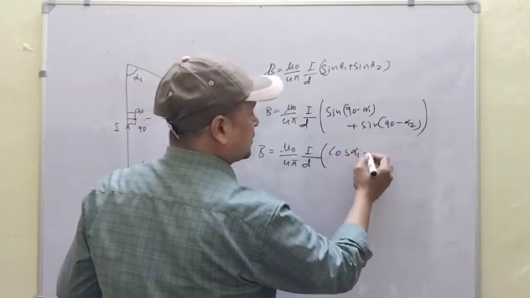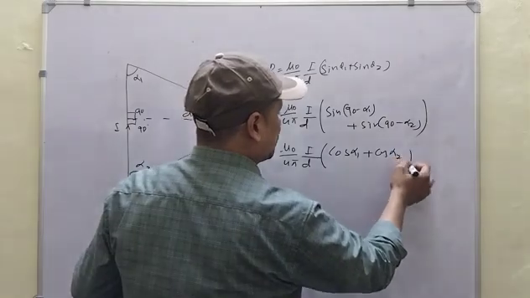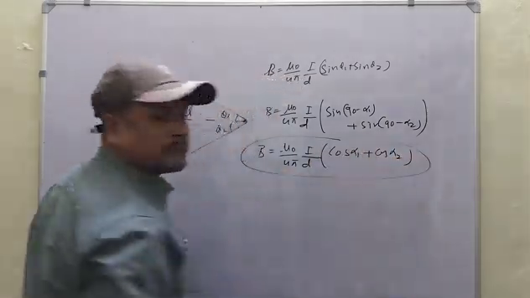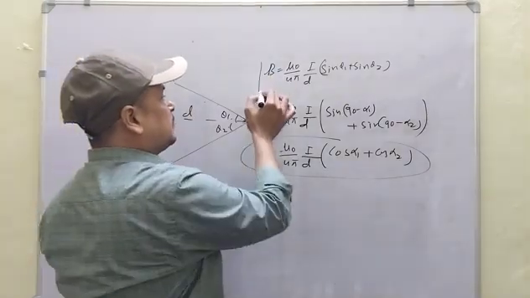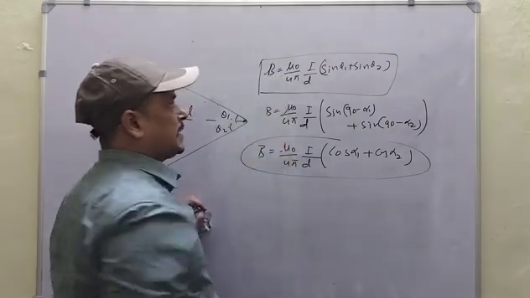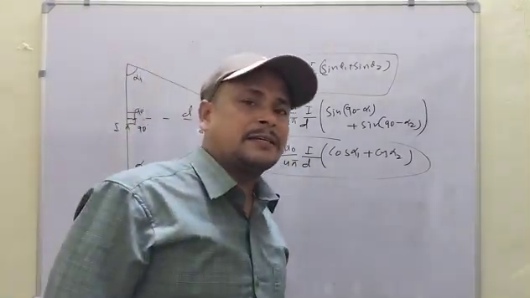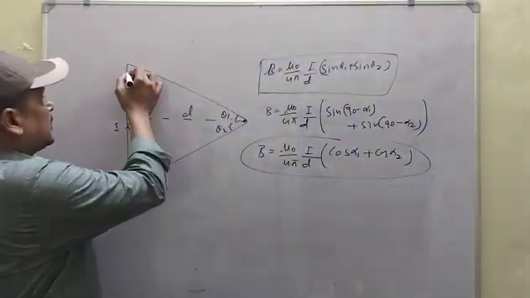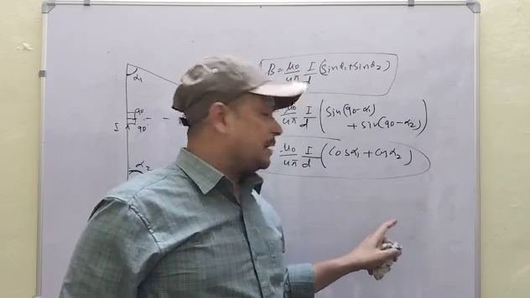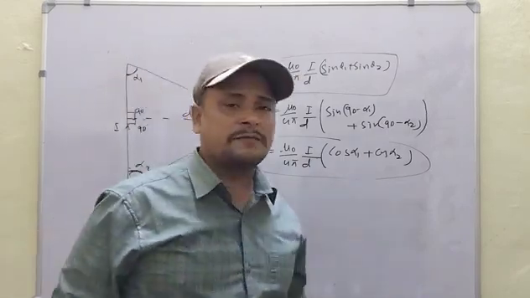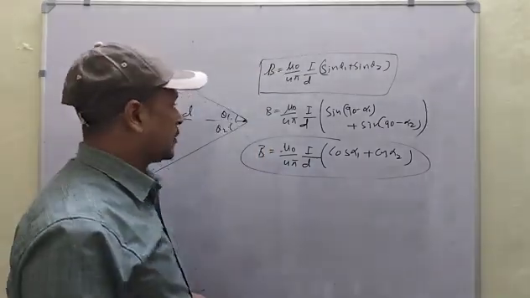So cos alpha 1 and cos alpha 2. This is another form. In the question, if we are given theta 1 and theta 2, the magnetic field will be mu naught by 4 pi I by d, sin theta 1 plus sin theta 2. If we are given alpha 1 and alpha 2, then mu naught by 4 pi I by d, cos alpha 1 plus cos alpha 2. These are the formulas. Okay.